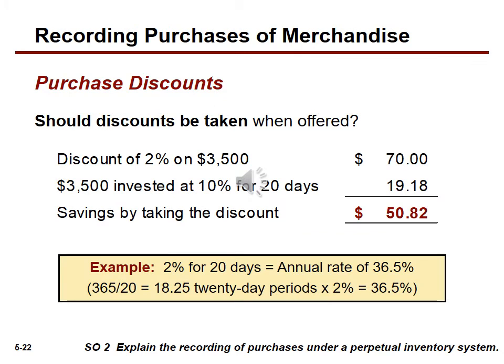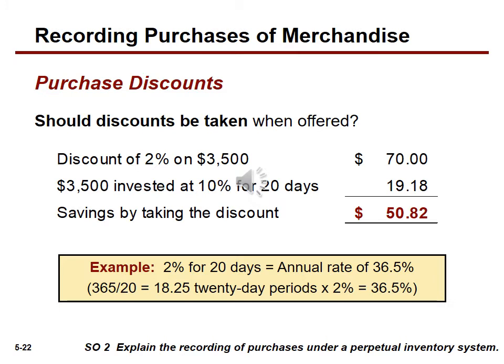This slide here goes off on a tangent where it tries to explain how you can make the decision whether to take a discount on a specific purchase transaction or not.